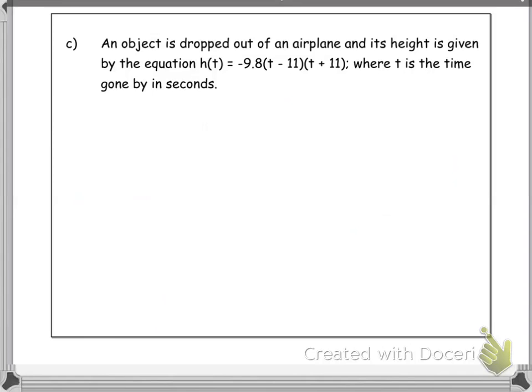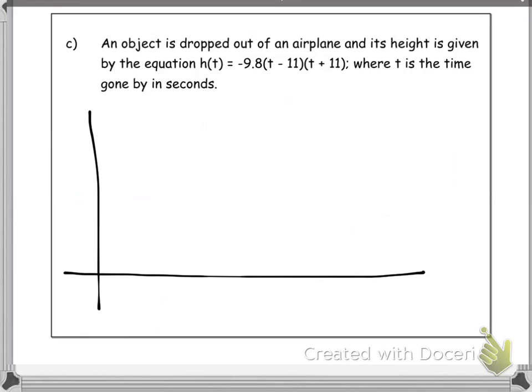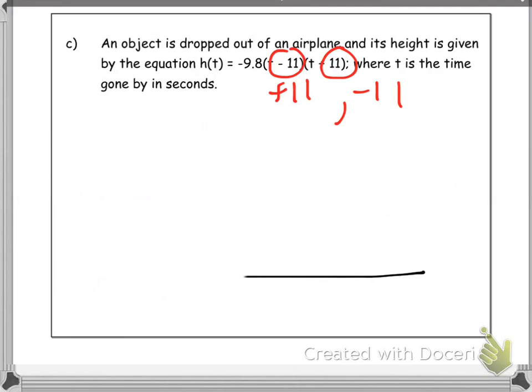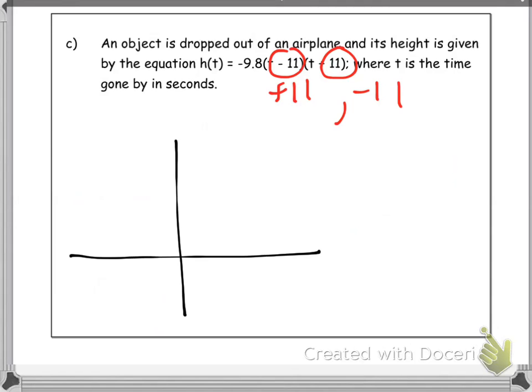An object is dropped out of an airplane and its height is given by this equation where t is the time gone by in seconds. So, our intercepts are +11 and -11. So I'm going to change this a little bit, make more room, and call this +11 and -11.